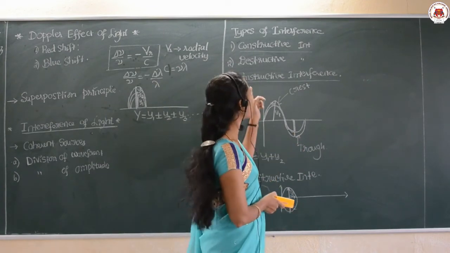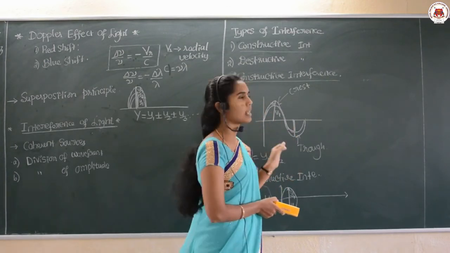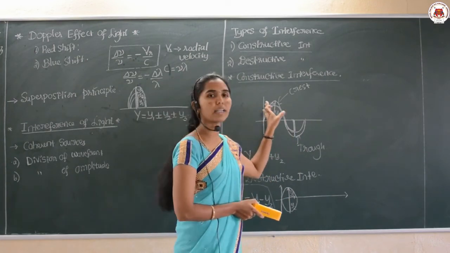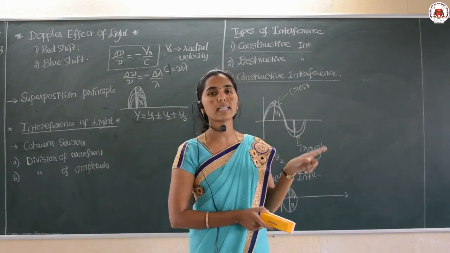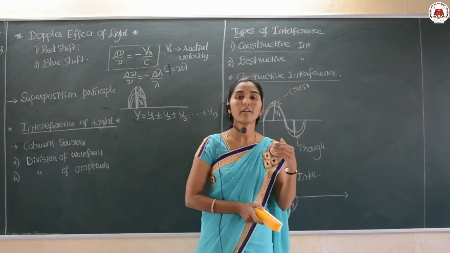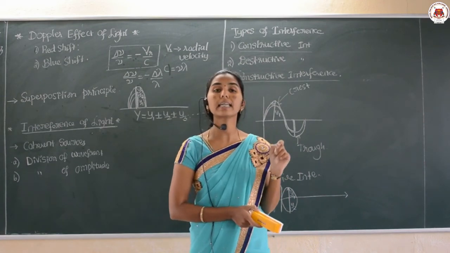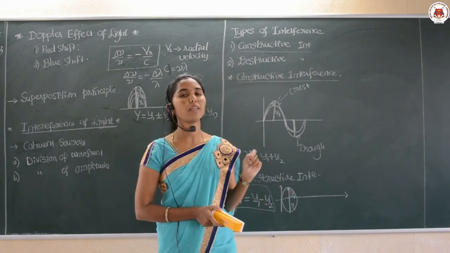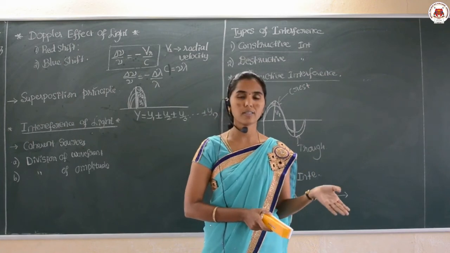Yes, the first one is the constructive interference and the second one is the destructive interference. In the constructive, we came to know that when a crest of one falls on the crest of another wave, or a trough of one falls on trough of another, there is increase in the intensity of the light. So, that type of the interference we call as the constructive interference, right?